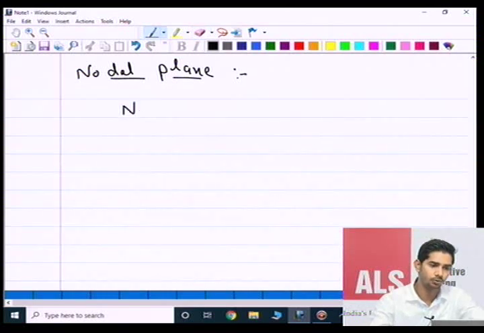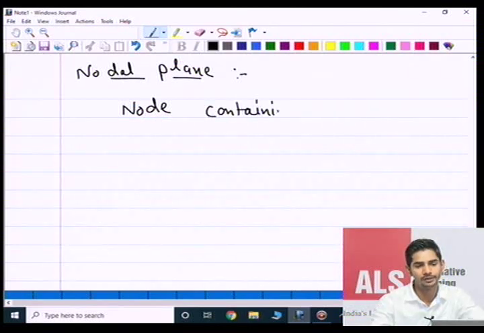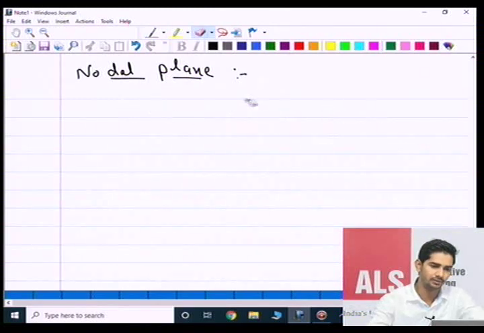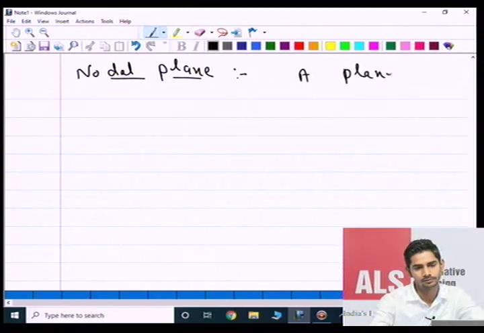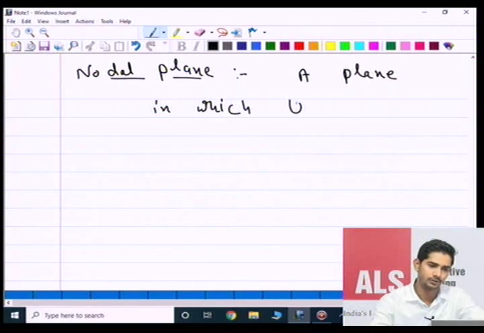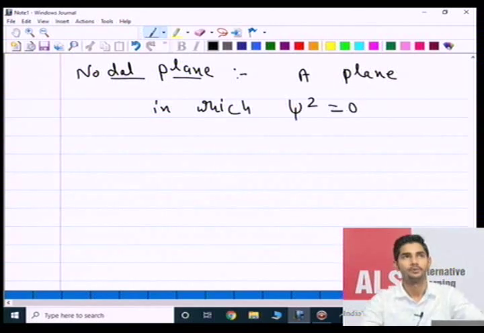So, node containing plane. You can write it like this: a plane in which psi square is 0. This is a nodal plane.